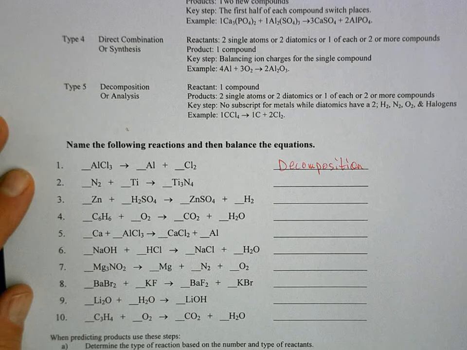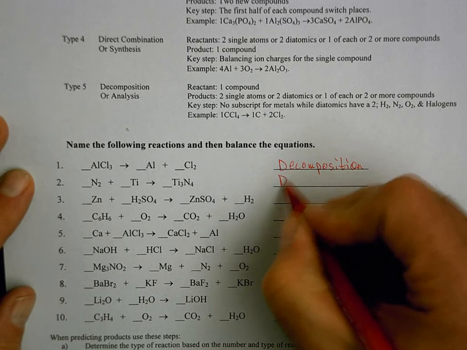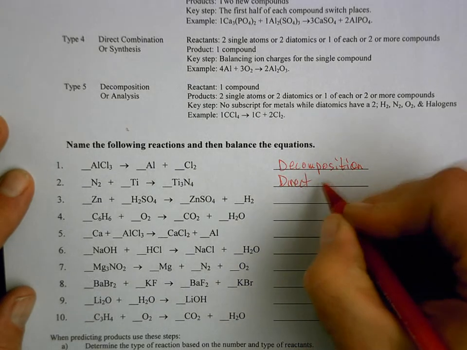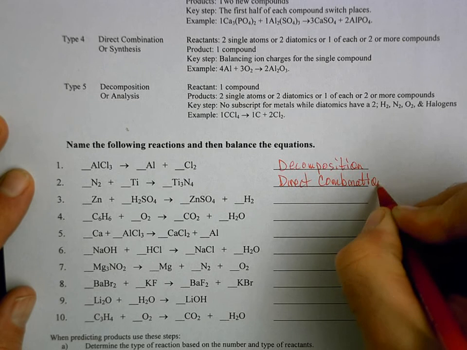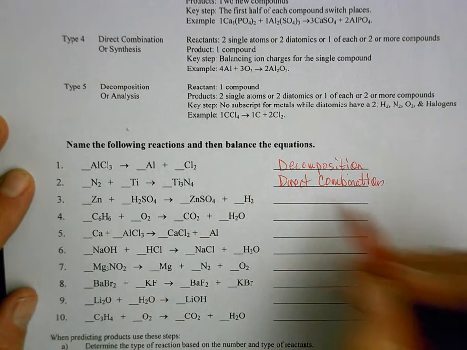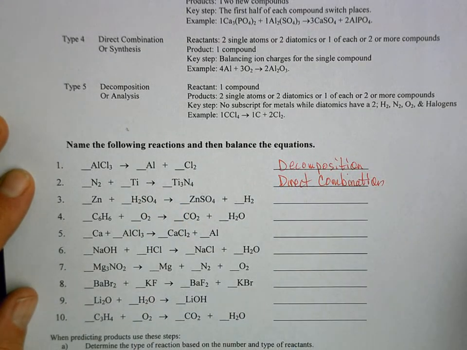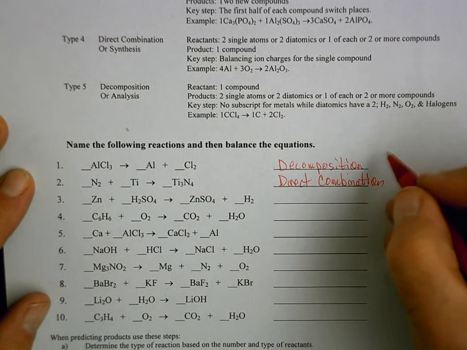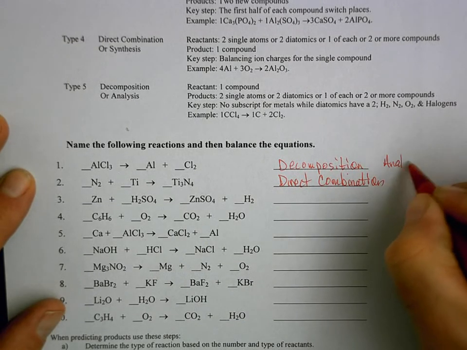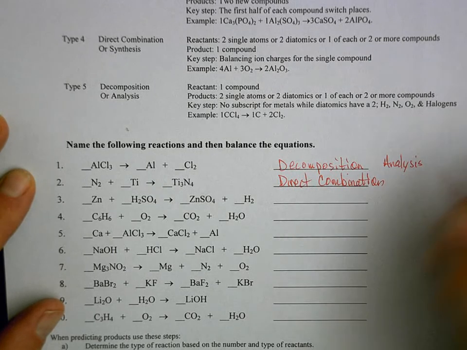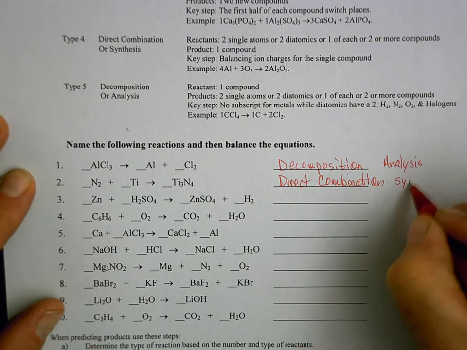What type of reaction would that be? Good. Direct combination. When we combine things, that is direct combination. Please note again that decomposition can be analysis, and direct combination can be synthesis.